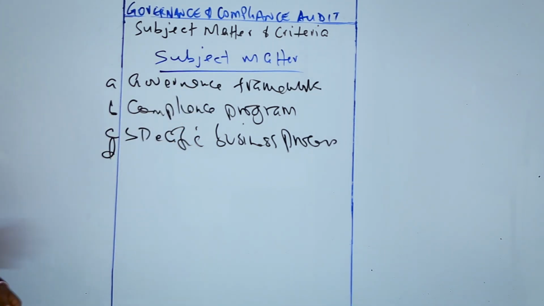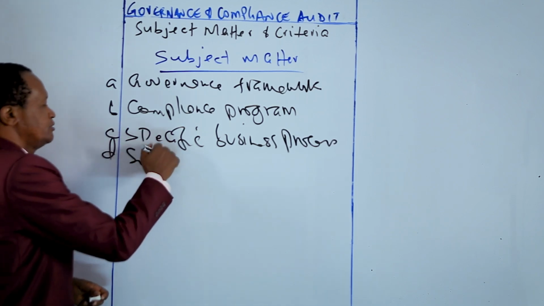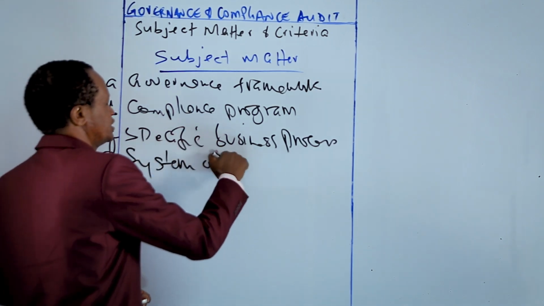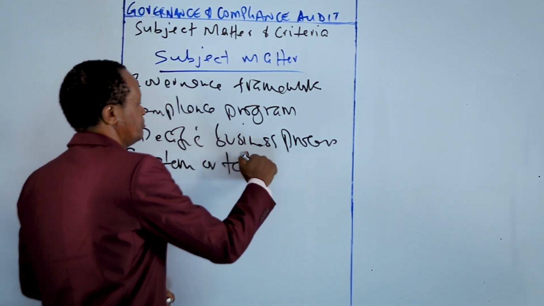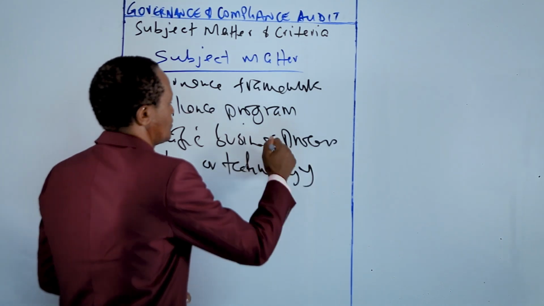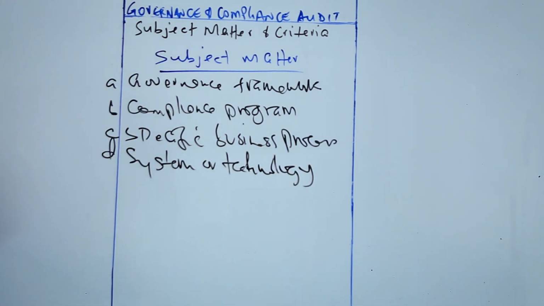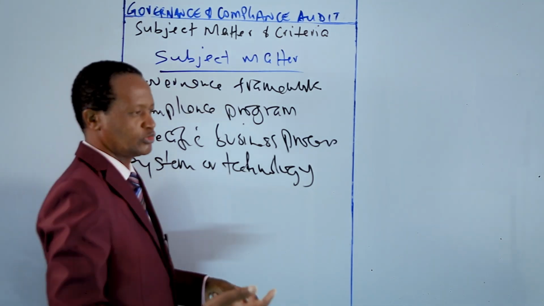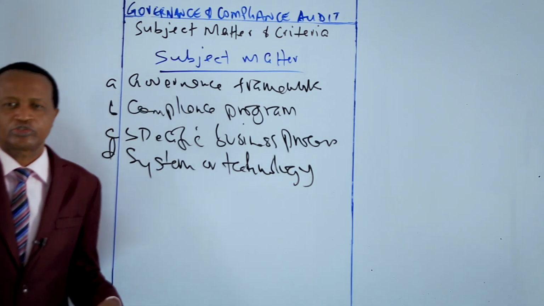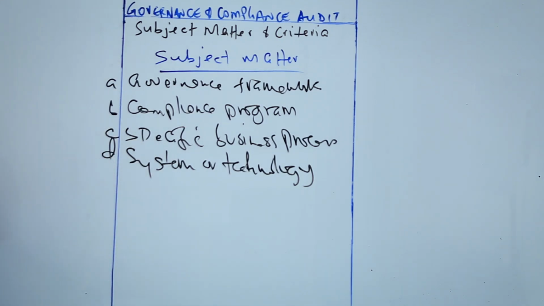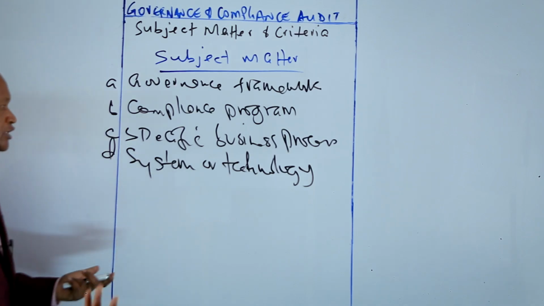The fourth subject matter example is a system or technology. System or technology can also be examined. It could be a specific IT system such as the financial reporting system. It could be a system like the customer relationship management database or access control system, and so on.